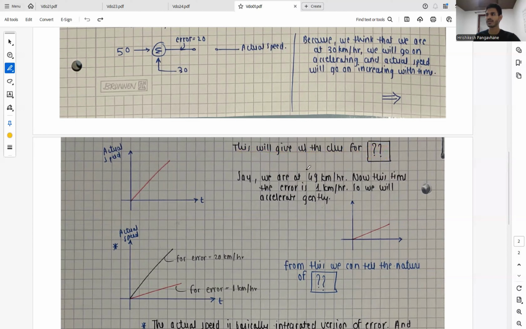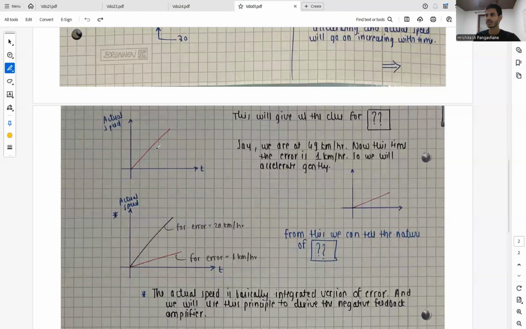Let's say we are now at 49 kilometers per hour. This time the error is only 1 kilometer per hour, so we will accelerate gently. When the error was larger, we accelerated aggressively. When the error is smaller, we are accelerating gently.